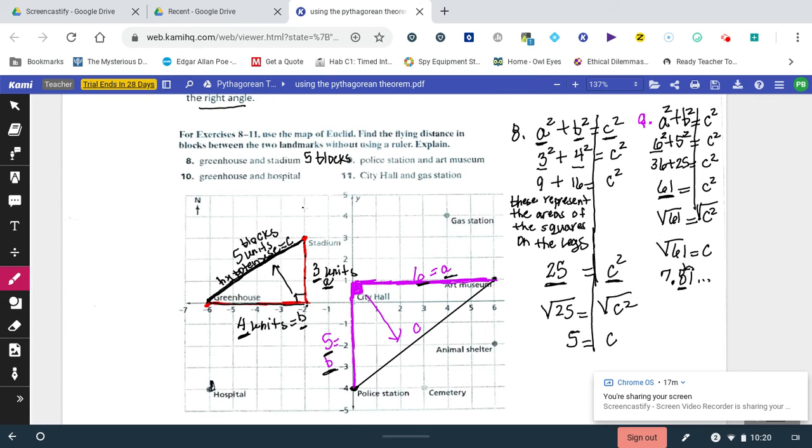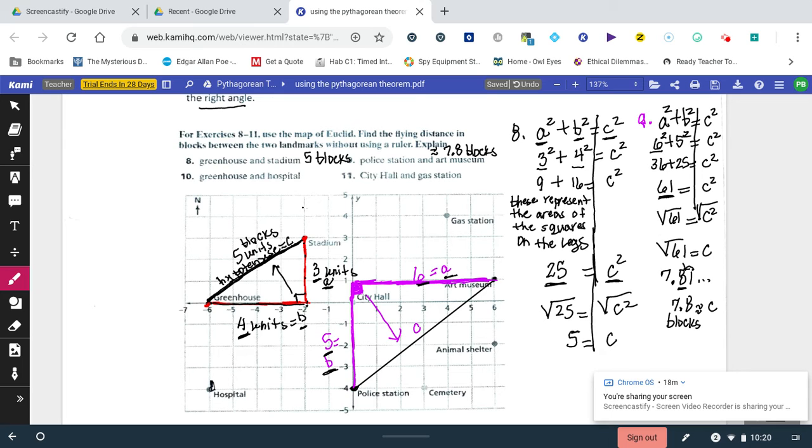So we'll say 7.8 blocks approximately is the distance between the police station and the art museum. Put the little squiggly lines. If you wanted to leave it as the square root of 61, I mean, technically it'd be right, but I want you right now to at least round them off to the nearest 10th for me, okay?